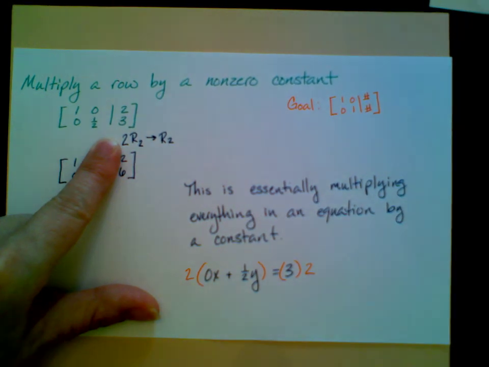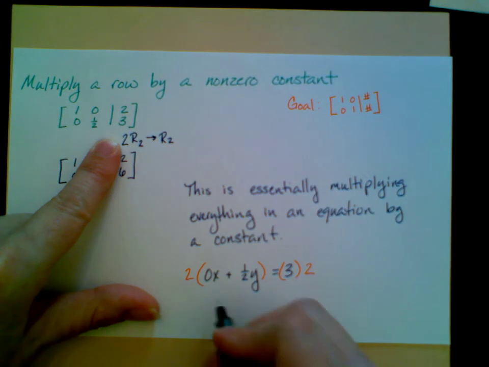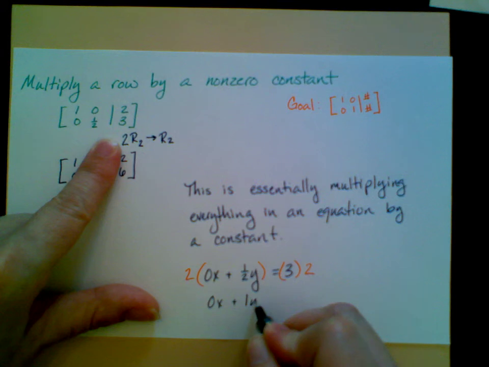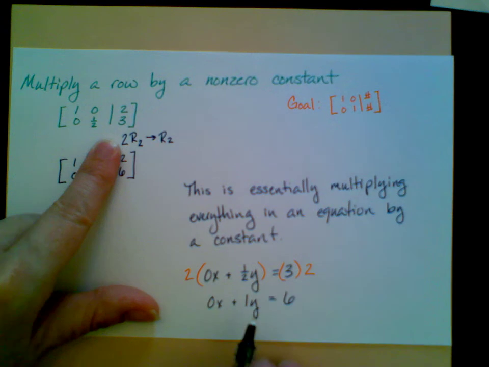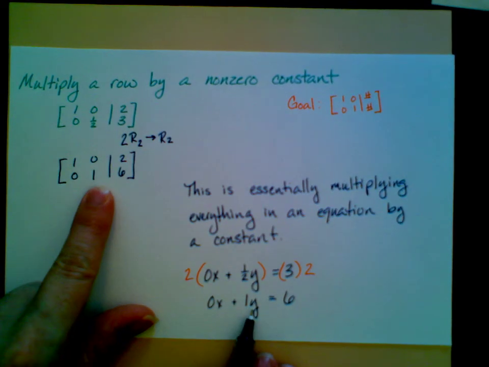Well, 2 times 0 is still 0. 2 times 1/2 is 1. Of course, I don't have to write that one, but I will for emphasis. And 3 times 2, of course, is 6, which is what I got when I multiplied the row.